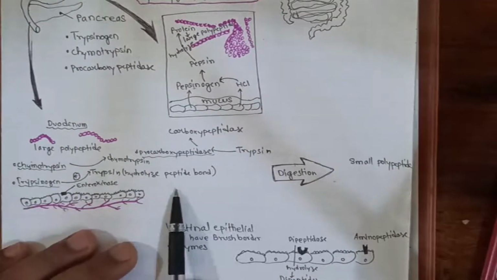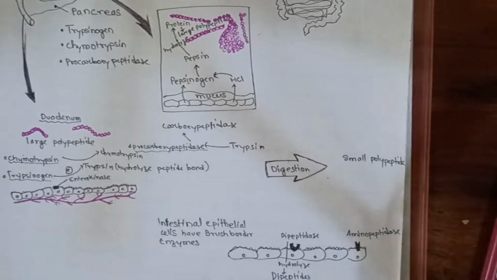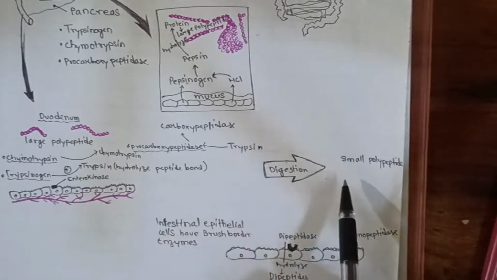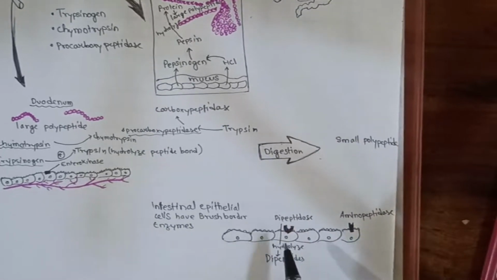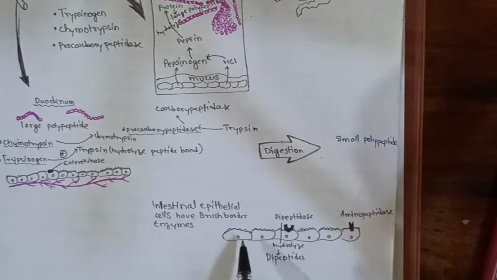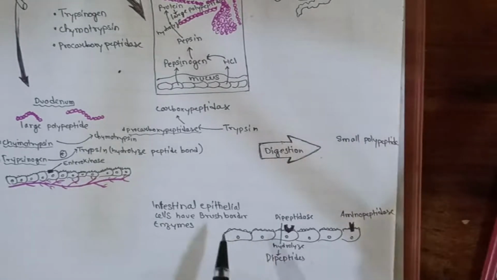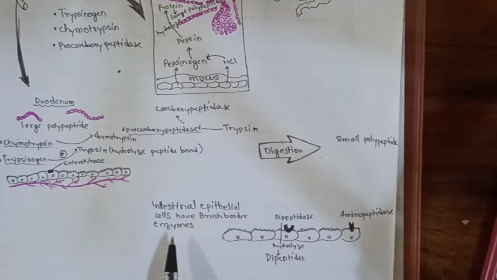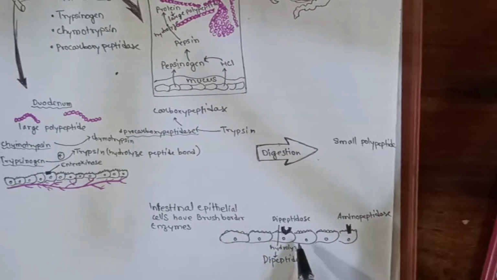So later on, these large polypeptides will be broken down into small polypeptides in the small intestine itself. In the cells of the small intestine, we have special enzymes called the brush border enzymes, which are present in the cells of the intestine.